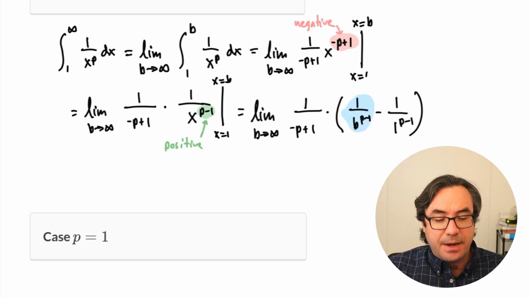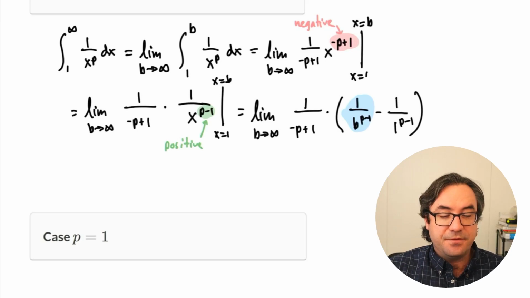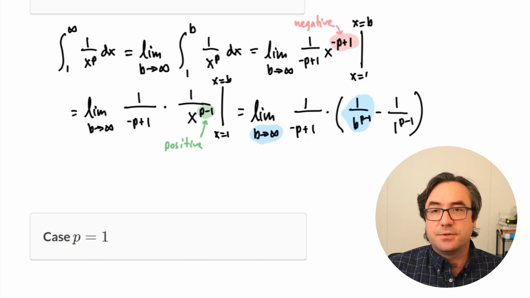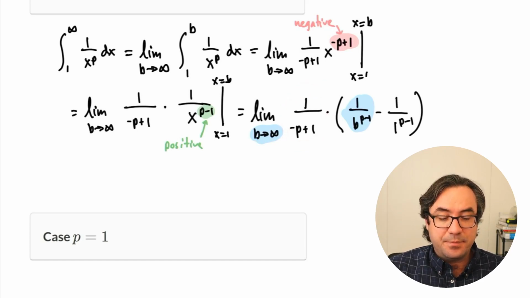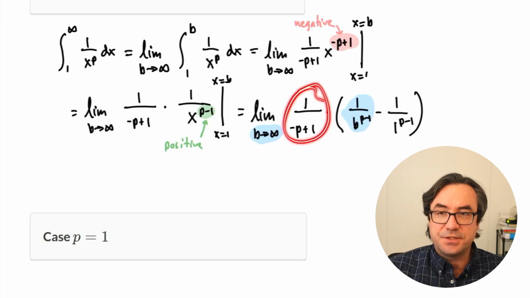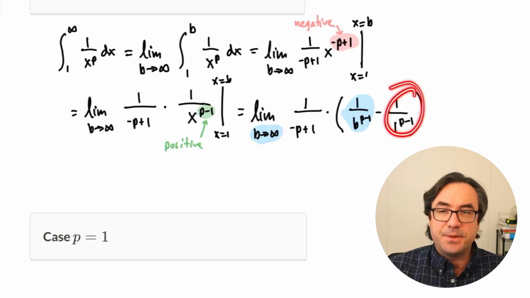So we want to think about what happens as b approaches infinity. So we want to start to think about what happens to each of these terms as b is approaching infinity. Well, first of all, this fraction in front, there's no b's. P is just a constant, so this whole thing is just a constant. Same thing with this over here.